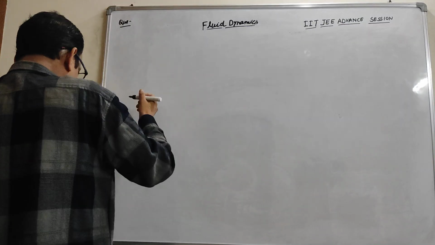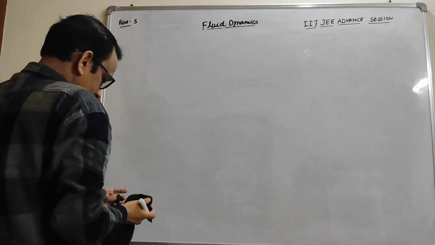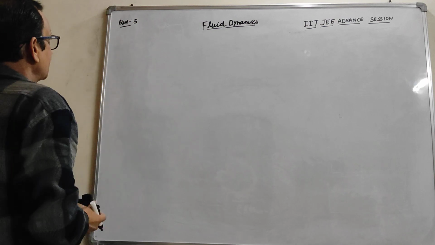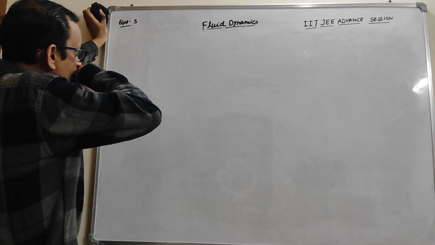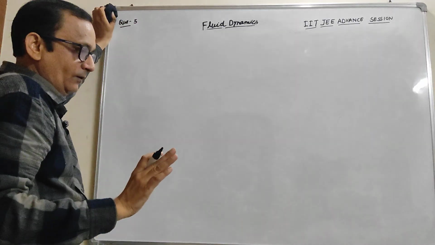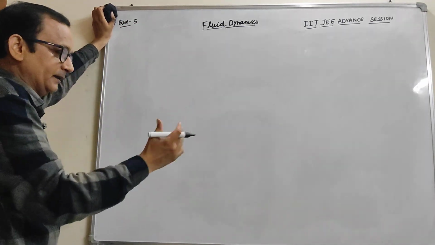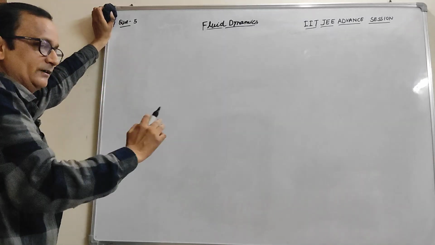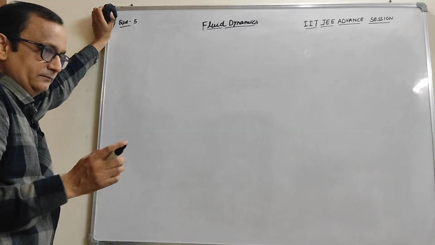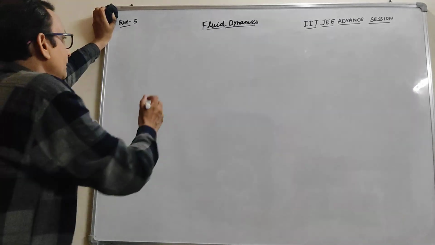This is question number 5. Here we know when a liquid in a container rotates about its vertical axis, two types of forces are acting on the fluid inside the liquid.